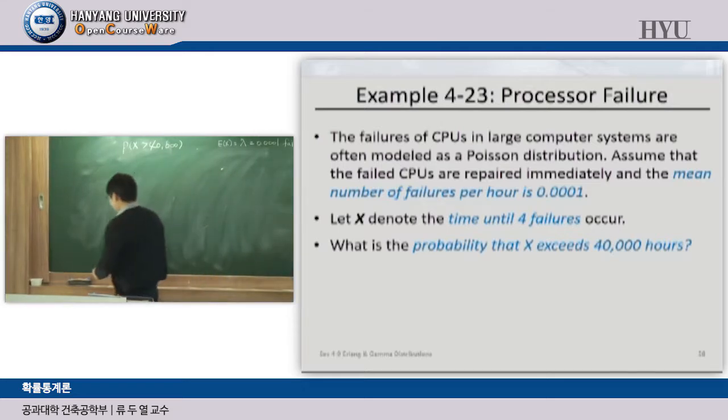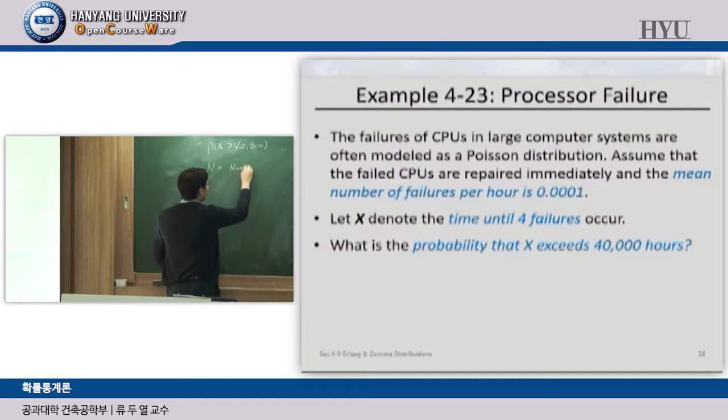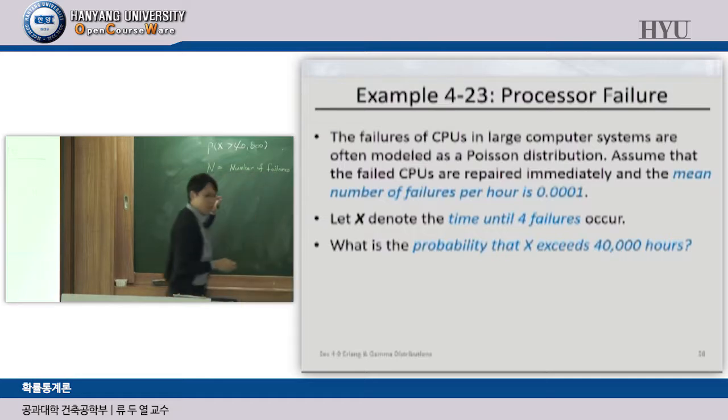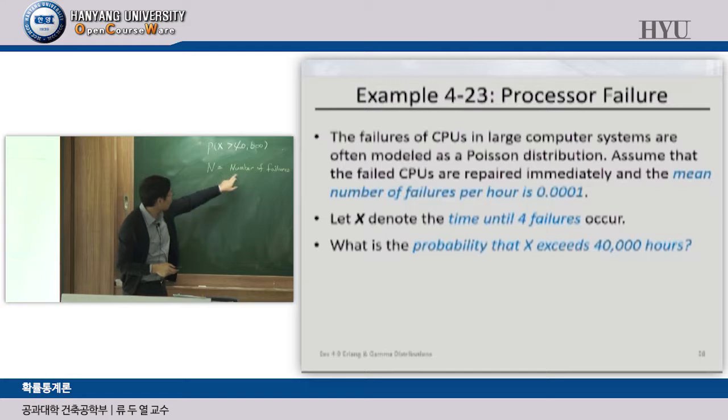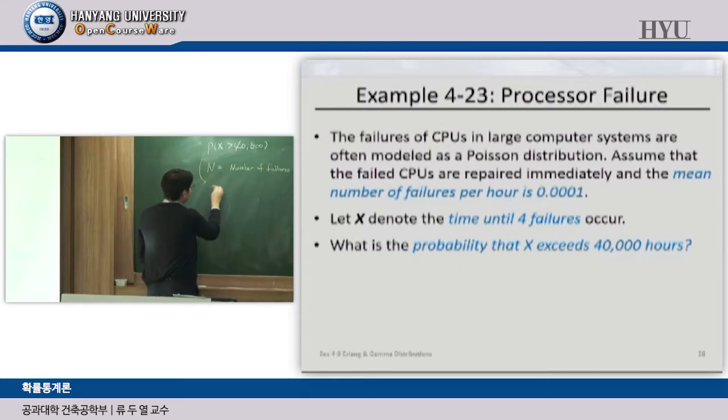If we denote N, that is the number of failures in 40,000 hours, this can be changed to the probability of N when N is smaller than or equal to 3.